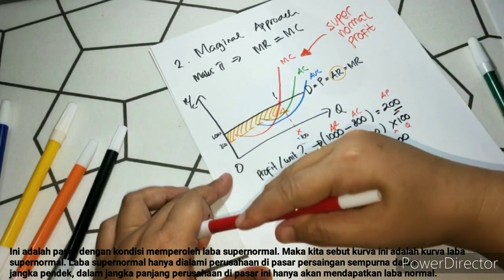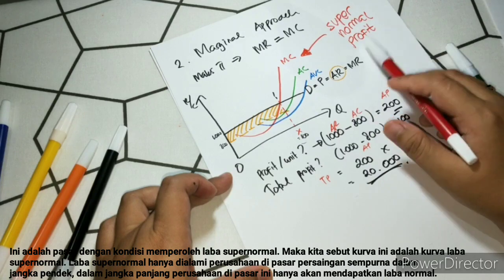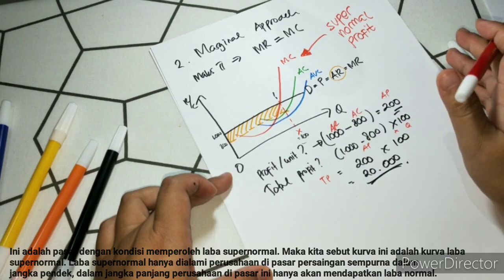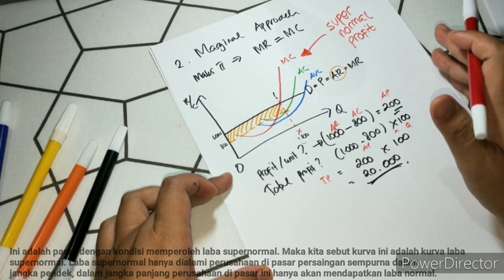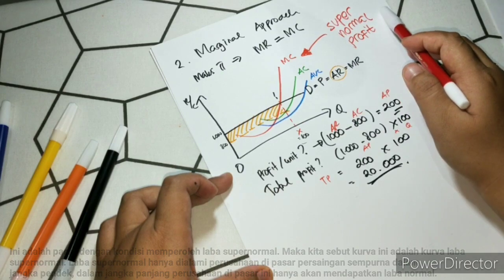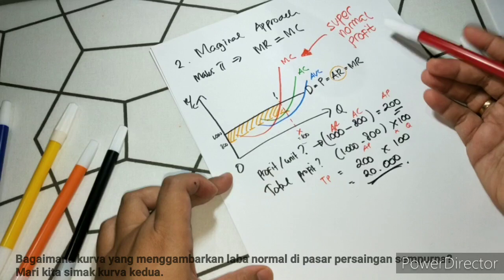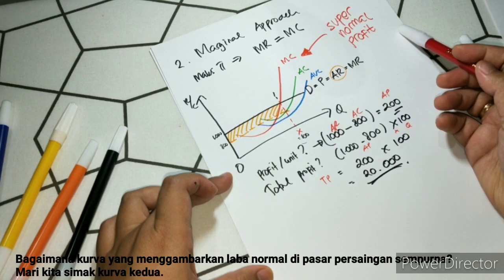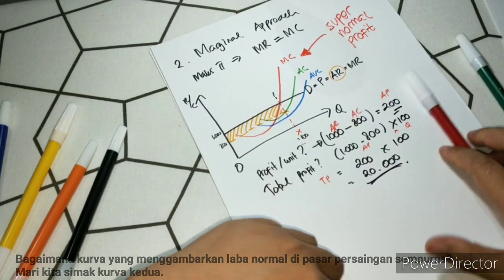The supernormal profit is only faced by the perfect competition market in the short run, but in the long run the perfect competition market can only get the normal profit. And what is the graph that illustrates the normal profit in a perfect competition market? Let's check out this second curve.